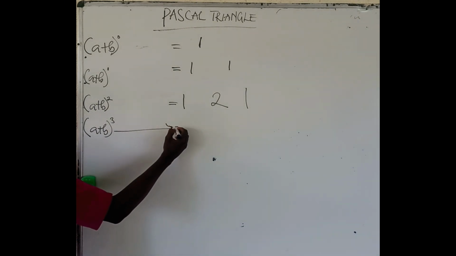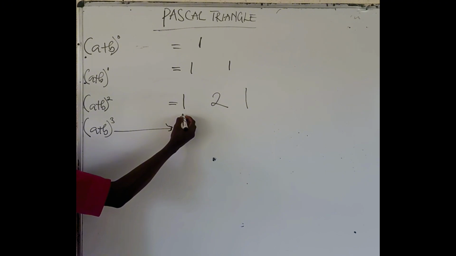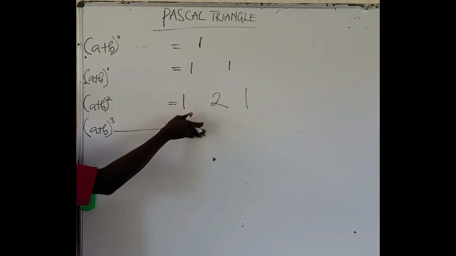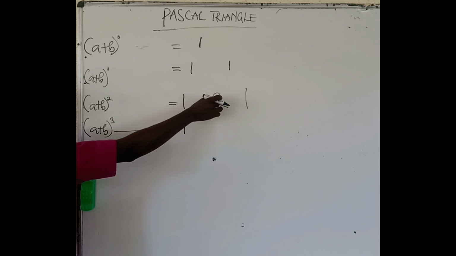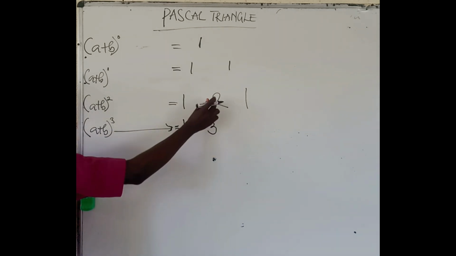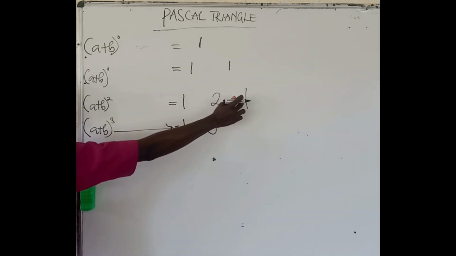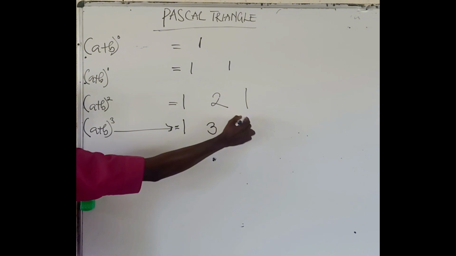We are going to have 1. Don't forget I said earlier that it's going to start with 1. So 1 plus 2, you have 3. 3 plus 2 plus 1, you have 3 and 1.